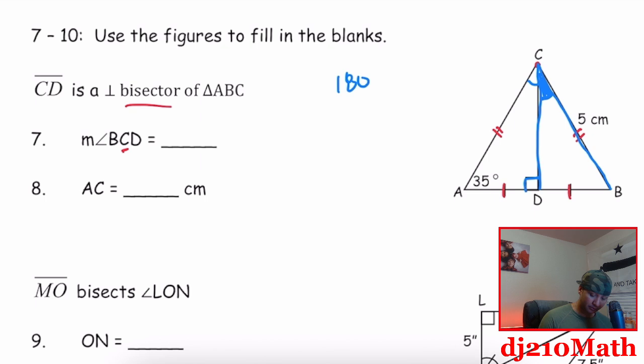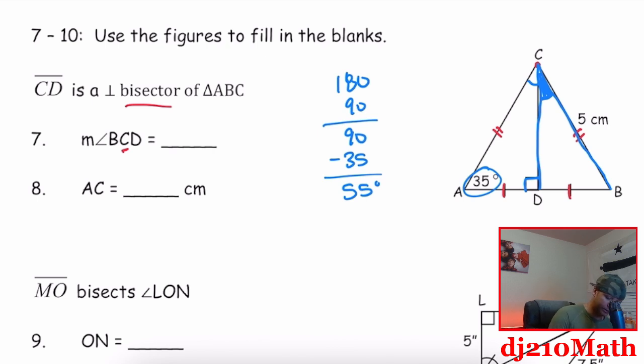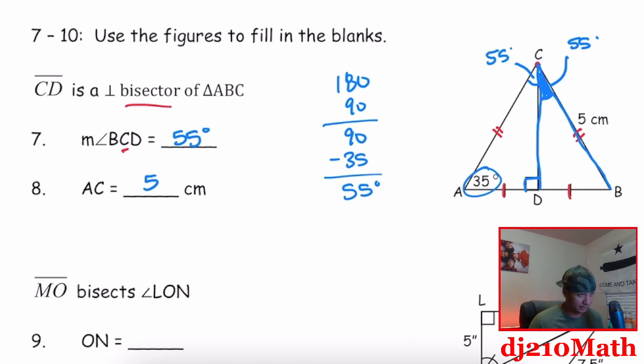The box is suggesting that it's 90 degrees. And then they give us 35. So minus 35, we get 55 degrees. The measure of BCD is going to be 55 degrees, because this angle is 55 degrees, therefore this angle has to be 55 degrees as well, because they're congruent. Okay. Next, AC is 5 centimeters, because it is congruent to CB. So AC is 5.